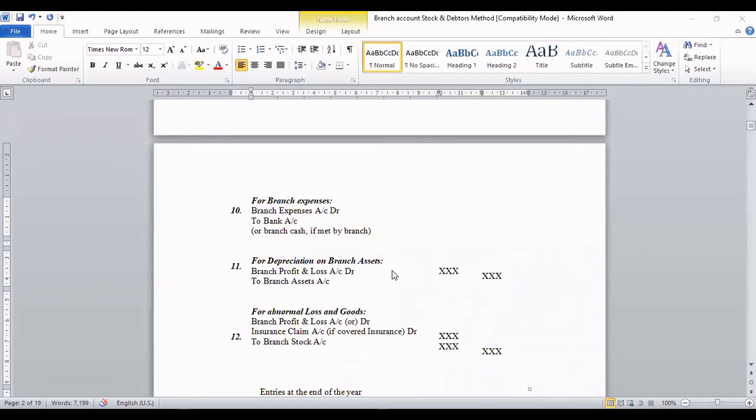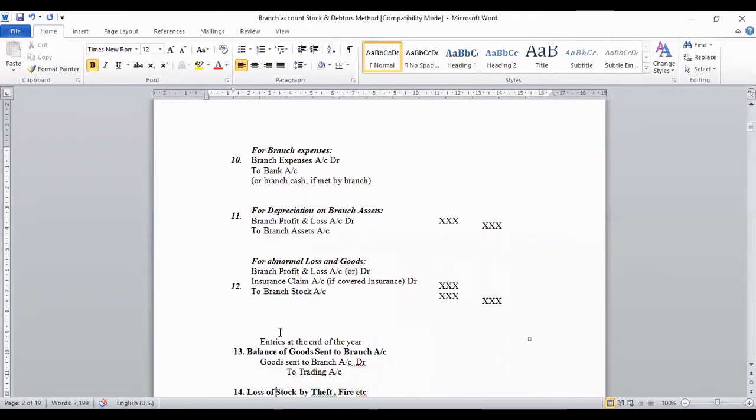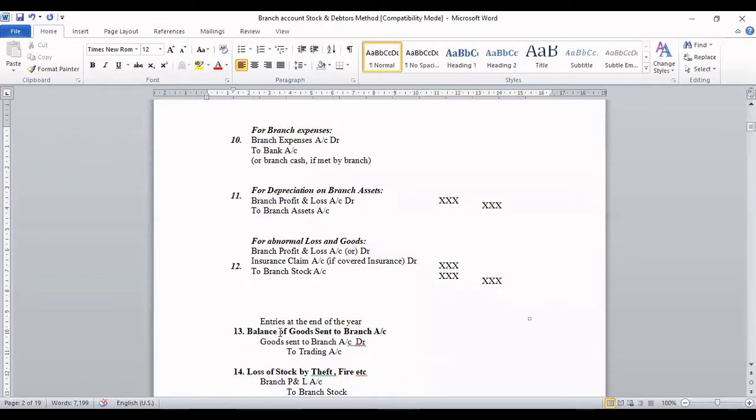Okay, very good. Then next one is our closing entries. When you close accounts under the stock and debtors method, what entries do we have to pass? First, you remember when you send goods to branch, what entry was there?